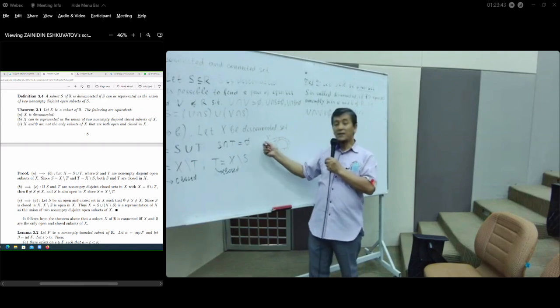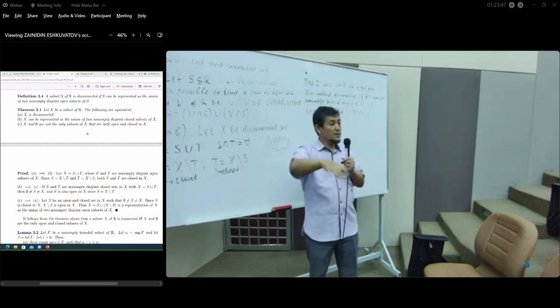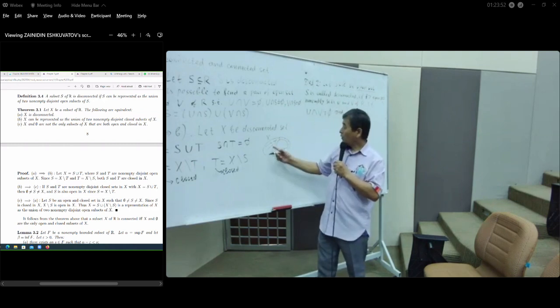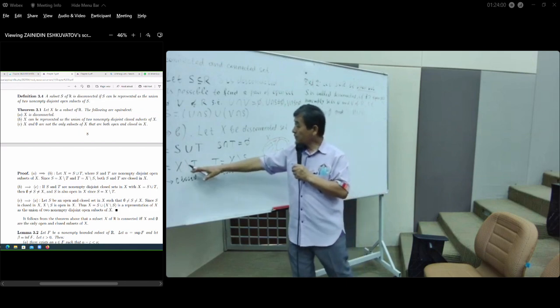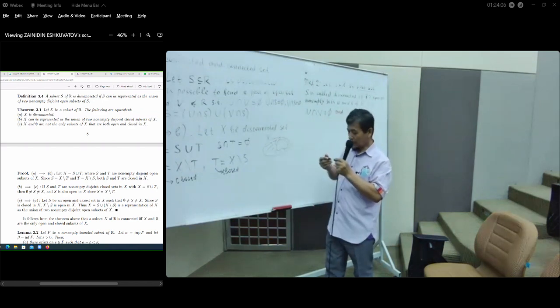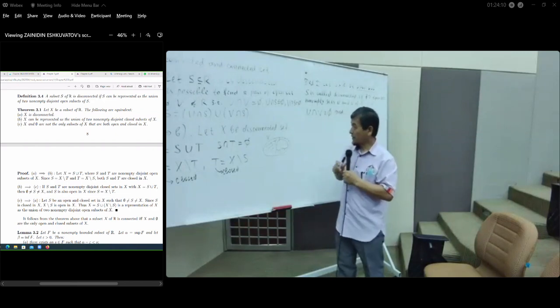But now, if X is an open set and we subtract an open set, then it becomes a closed set. How can we understand?